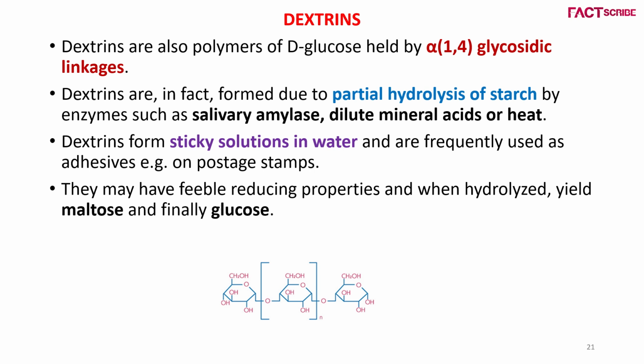Dextrins are also used as a thickener or preservative in food. They are found in tea concentrates, caramel, frozen dairy products, low-fat or non-fat products, and hard candies. On hydrolyzing dextrins, we get maltose, and then finally glucose.